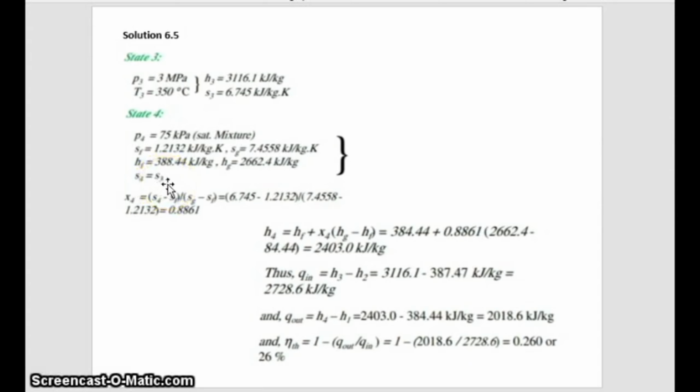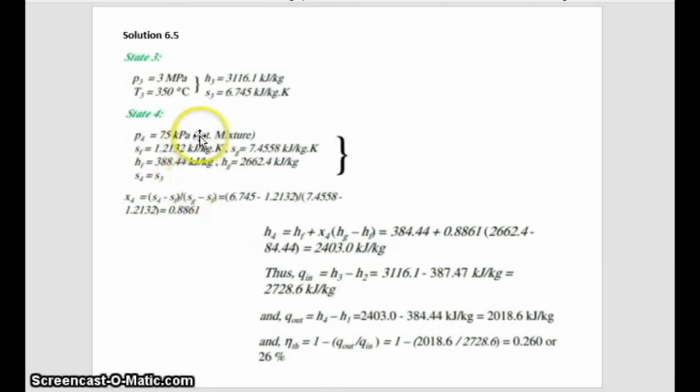So using s4, make the comparison with sg at pressure 75 kilopascal. From there you know that state number 4 is in the mixture region.